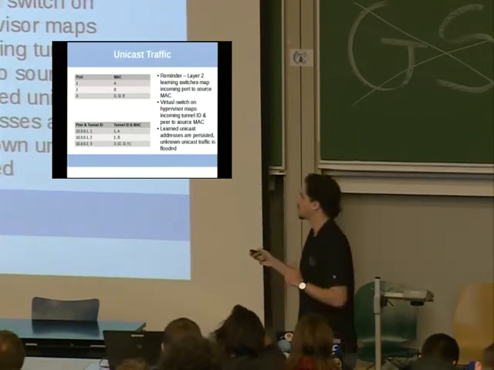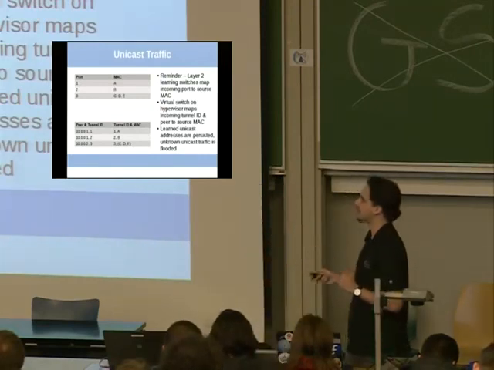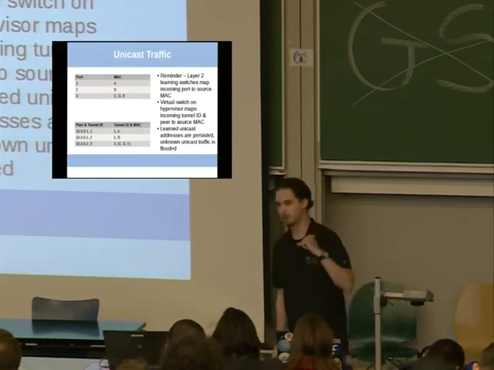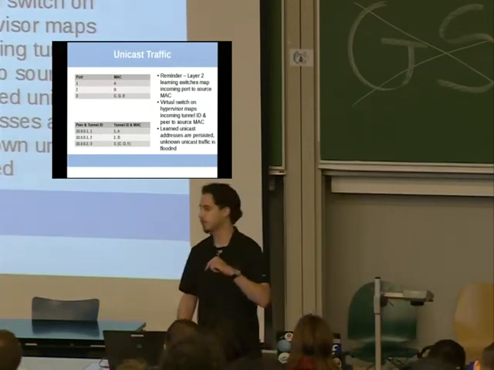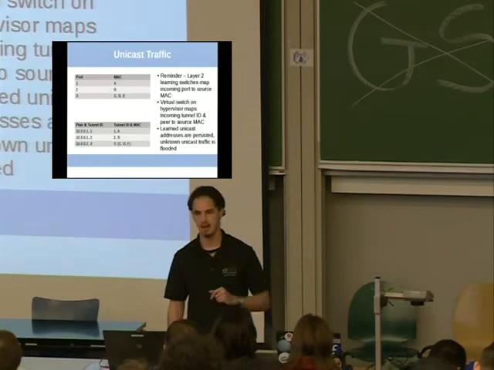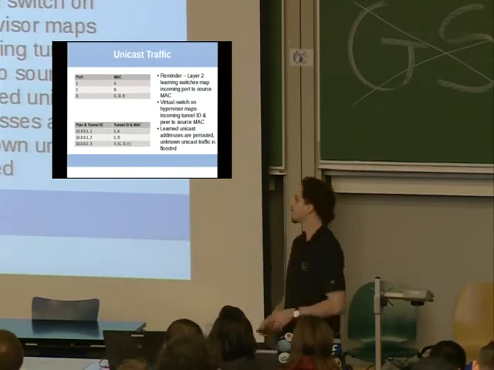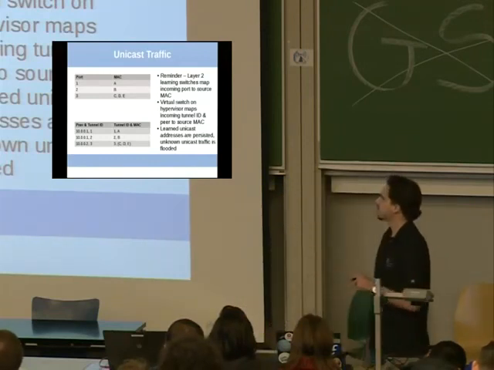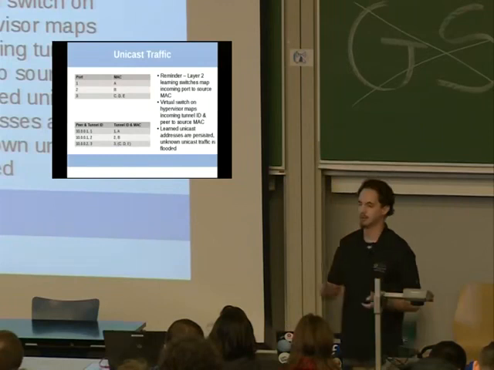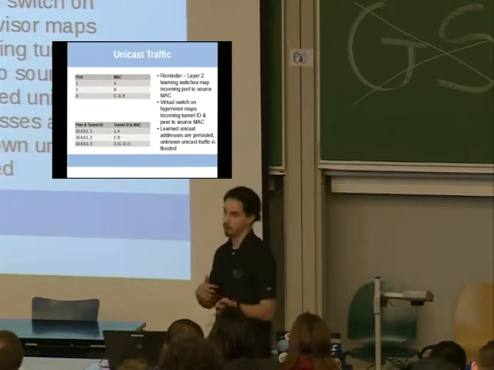So if MAC A is the source MAC and it came from port 1, then now I know that whenever someone wants to talk to MAC A, I can just forward it to port 1, and that's where I will find MAC A. That's what layer 2 learning switches do, virtual or physical.